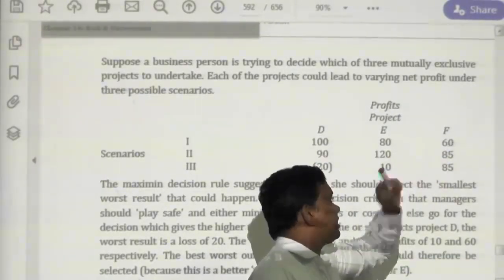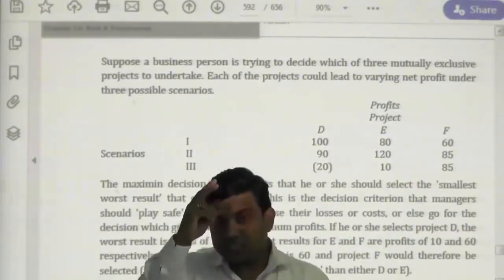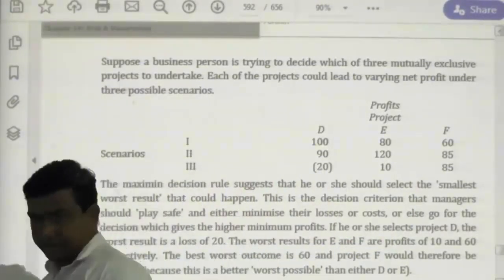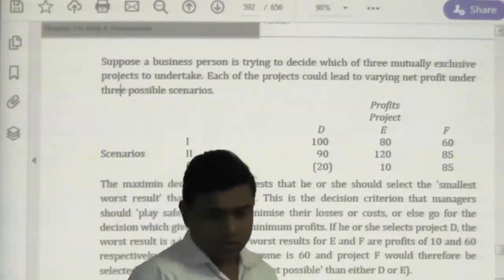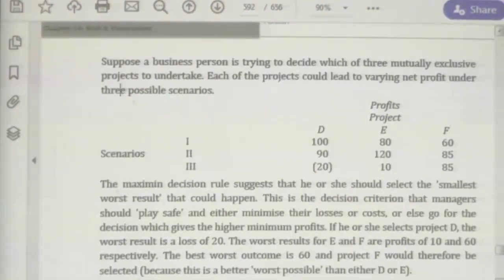Therefore, you will select project F. That is the maxi-min theory. I will explain it on the whiteboard also, then you can have a proper idea on that. Let's take that example onto the board.